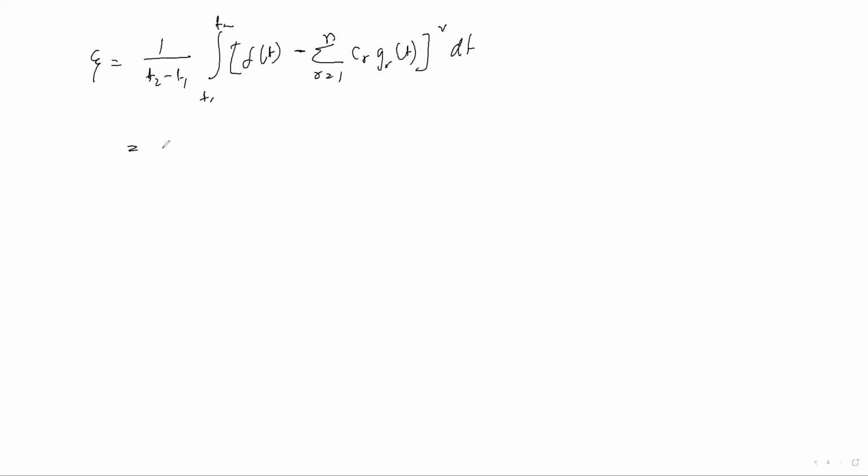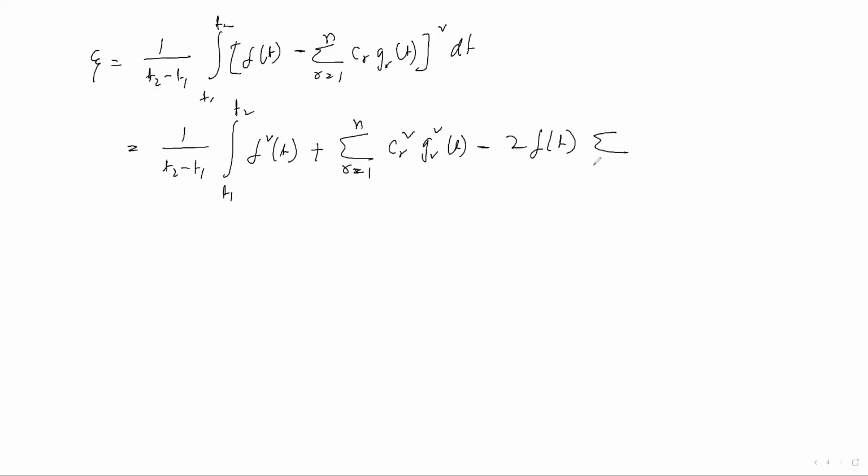If you break this whole square, you get f squared minus 2ab plus b squared, that is, summation r equal to 1 to n of c_r squared g_r squared(t), minus twice a b.